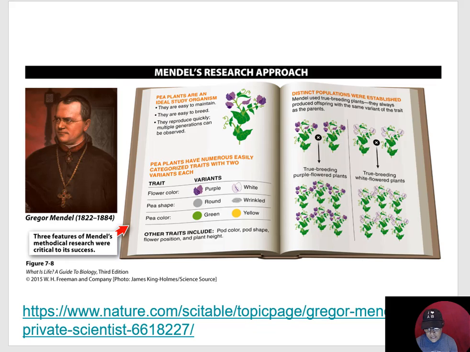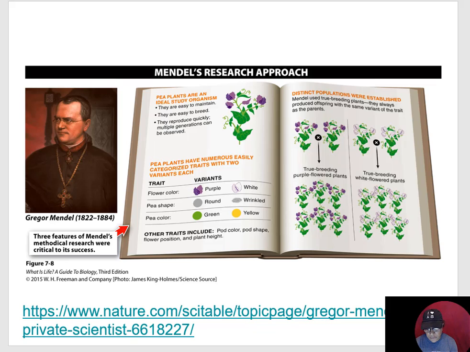And so what Mendel did was he created these established populations, these very distinct populations. So he used true breeding plants. They always produce offspring with the same variant of the trait as the parent. So there's no variation down the line, and that's called a true breeding plant.